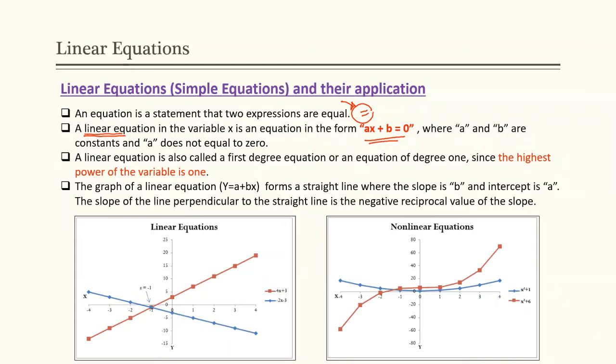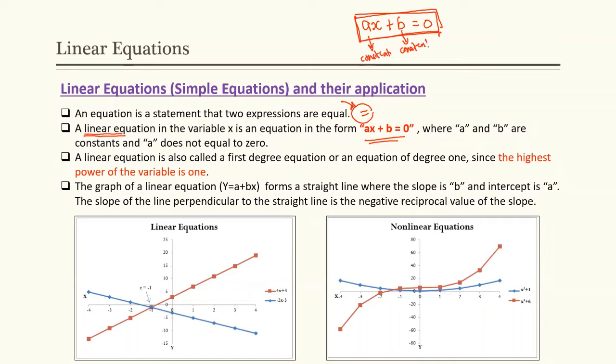It means simply, if it is a linear equation, we should be able to rewrite or rearrange that equation in this format. Here, these a and b values should be constants.